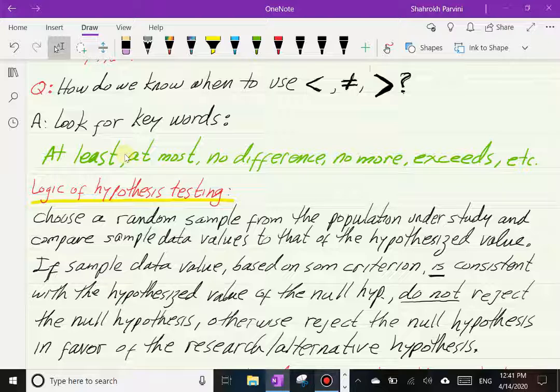Let's choose a random sample from that population, and then we're going to come back and compare the sample results to the hypothesized value. So for example, when I say the average rent was $1,500, why don't we go out there in the 92111 zip code and get a sample of 1-bedroom apartments, and let's see how much average rent would be for those sampled values. That makes sense, doesn't it?